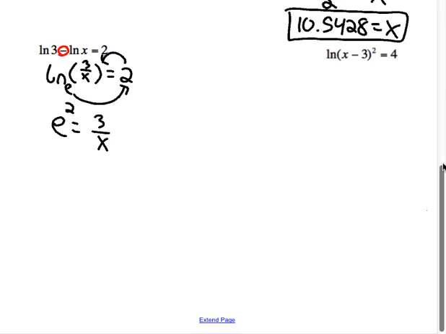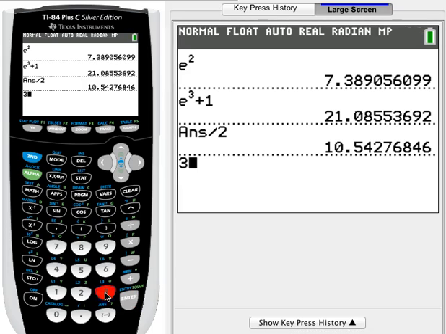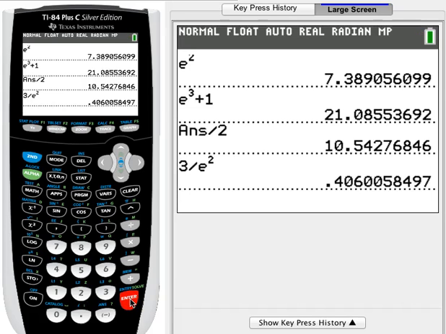So now I need the x. So I'm going to multiply the x over because I need it on top and divide by the e squared. Okay, so now that I have that, I already have my answer. So let's type it in. 3 divided by e squared, 0.4060.